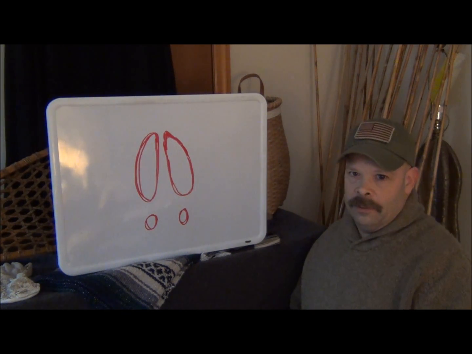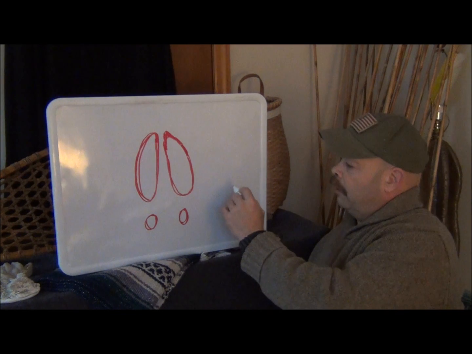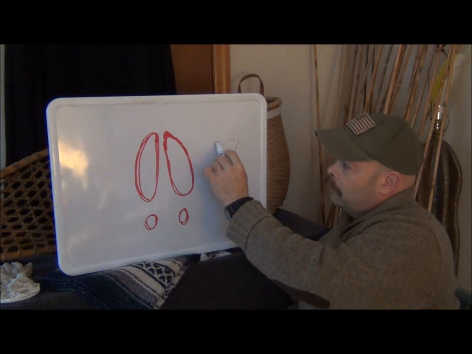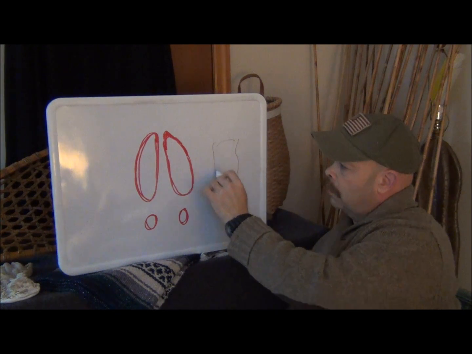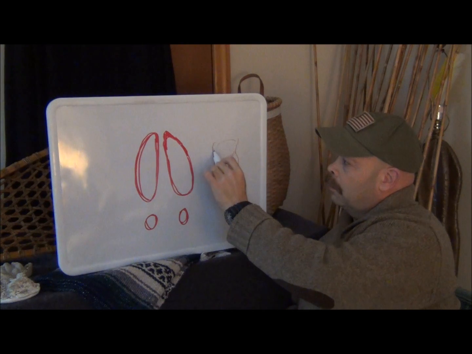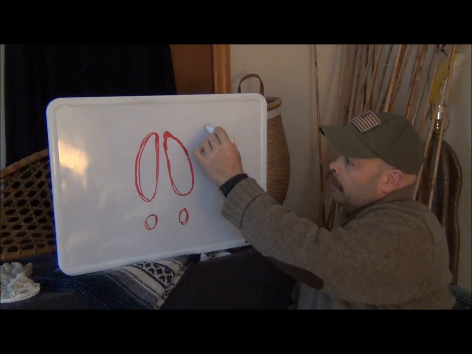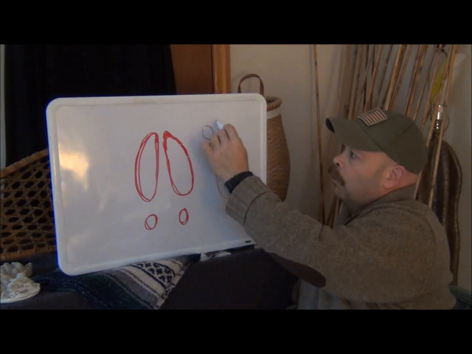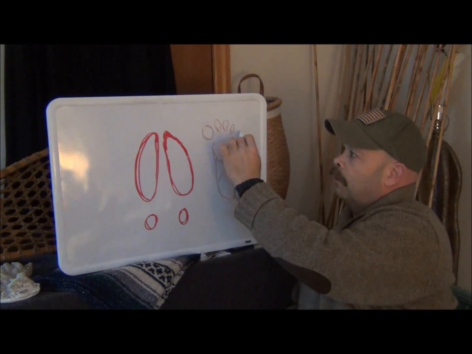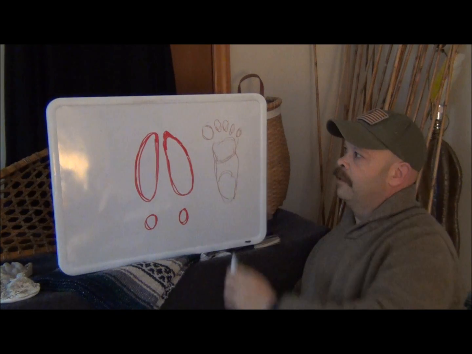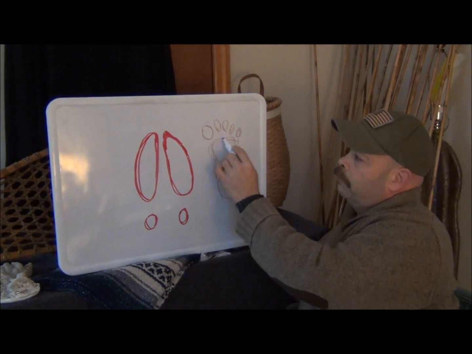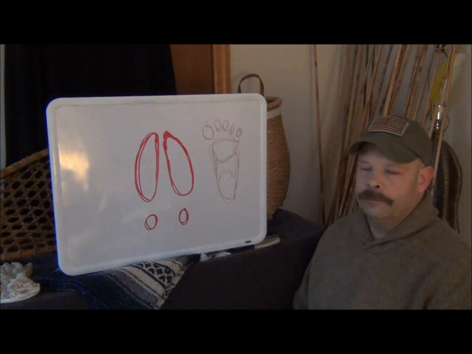In mammals like us, we have our foot, and this would be our big toe, 1, 2, 3, 4, and then finally number 5 is going to be our pinky. So that would be a human.